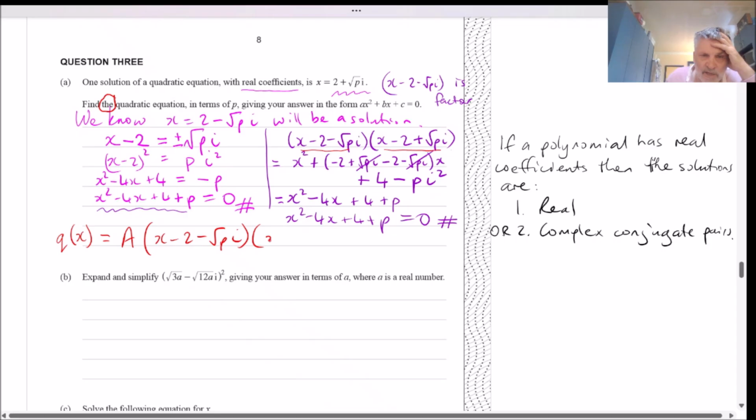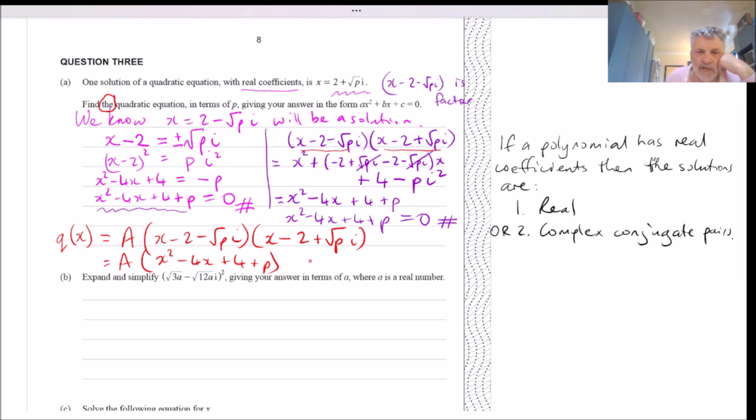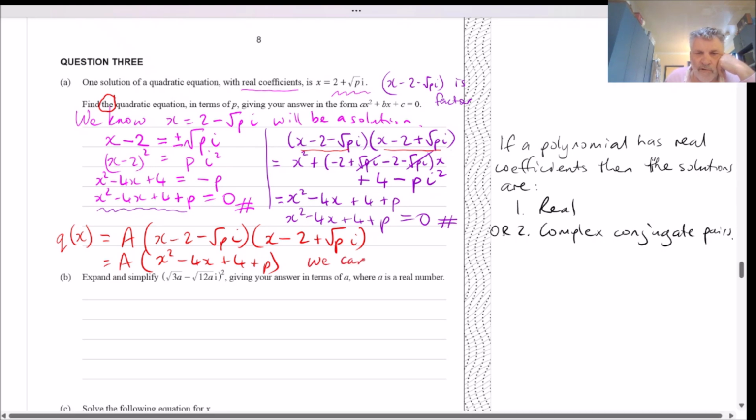And we use that in some questions in this course. When you multiply this out, you'll get a times the quadratic that we found. But there's nothing in this question that tells us any information to find a, so we can't find a based on the information in the question.